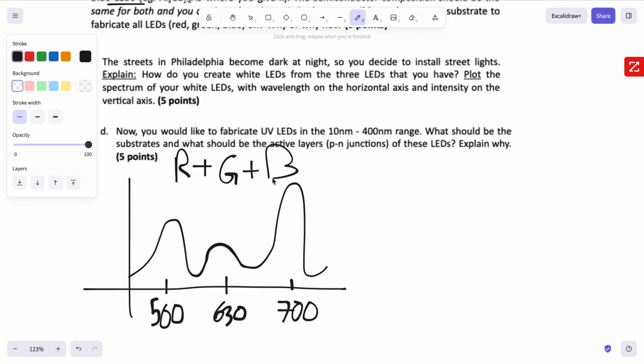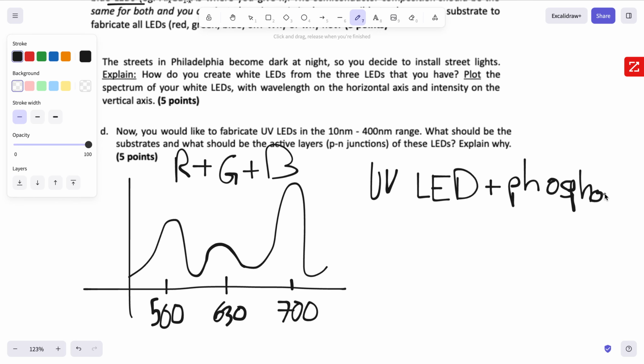But a more modern way of doing it that creates a better light is using a UV LED, right? So an LED that's in the ultraviolet, and then using a phosphor layer.